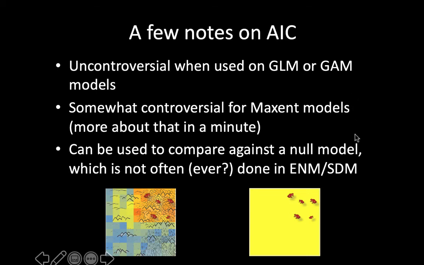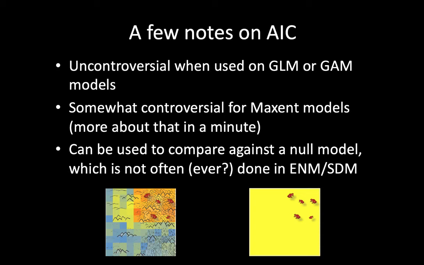One thing I think is worth pointing out is that you can actually use AIC to compare your species distribution model to a null model, and it's not something I'm sure I've ever seen anyone do. All you actually have to do is basically generate a model that has the same value in every grid cell in the study area.